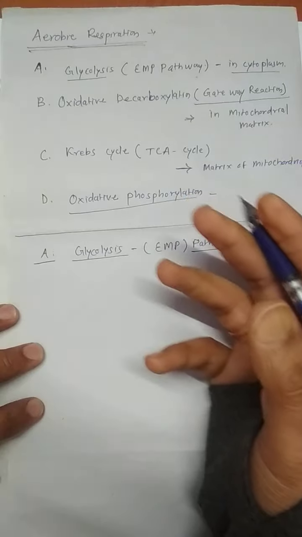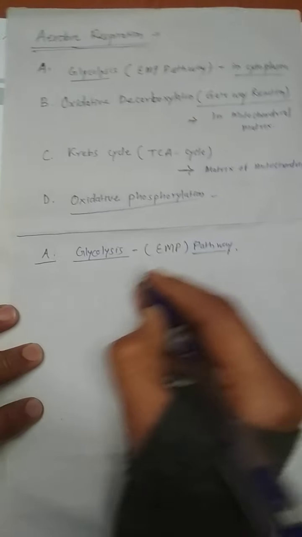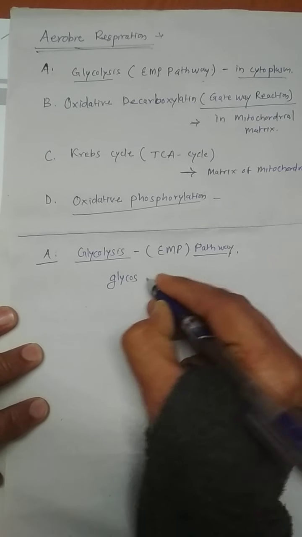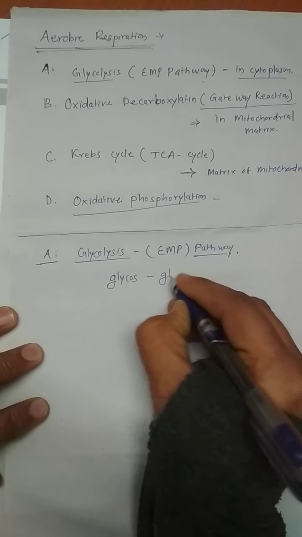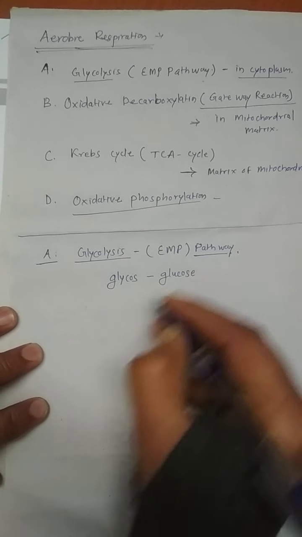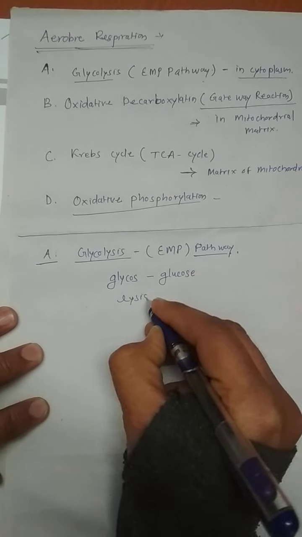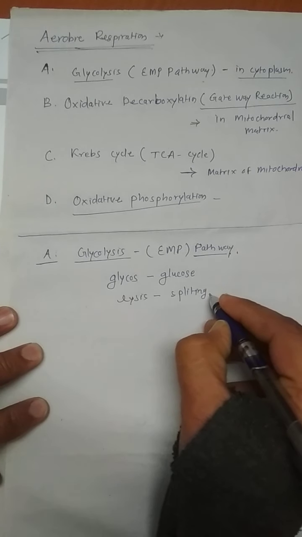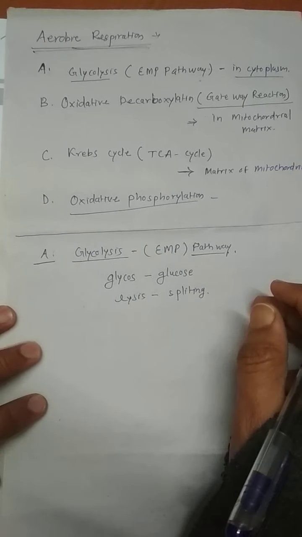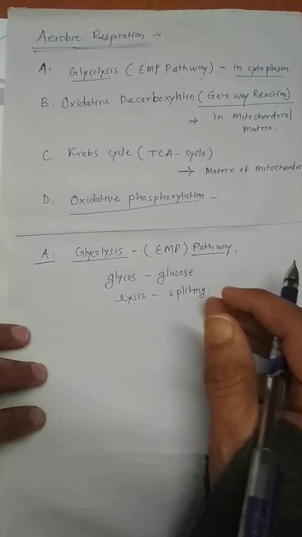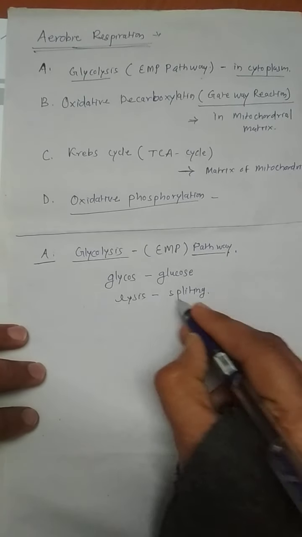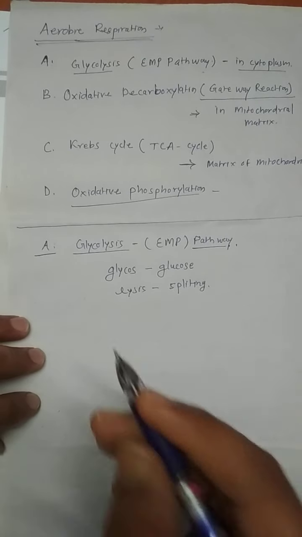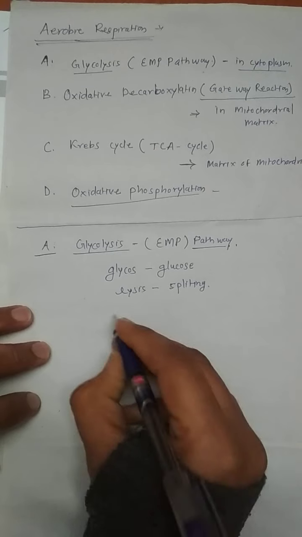The term is derived from the Greek words glykos, meaning glucose, and lysis, meaning splitting or breakdown, that is, breakdown of the glucose molecule to pyruvic acid. It was given by Embden, Meyerhof and Parnas.